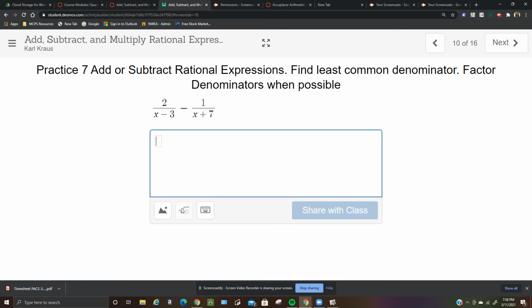So the LCD here: x minus 3 times x plus 7. On the numerator, you're going to have 2 times x plus 7 minus 1 times x minus 3.